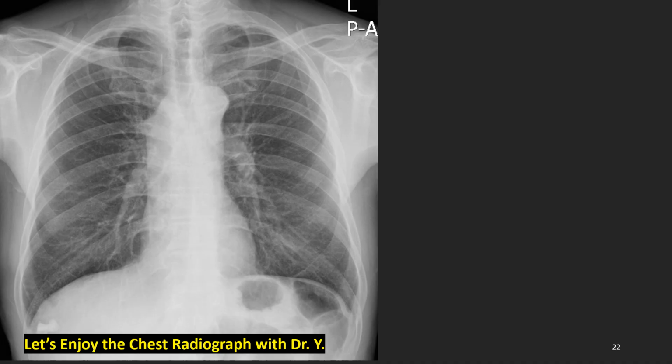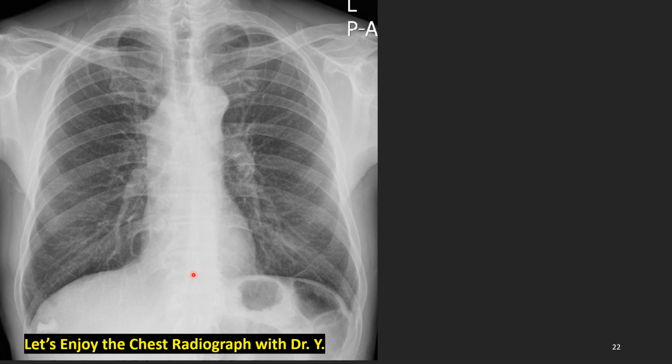As I told you many times, the area around the hilum is very, very important for detecting lung cancer. What do we see? Please point out the wrong point. What's wrong with this patient?